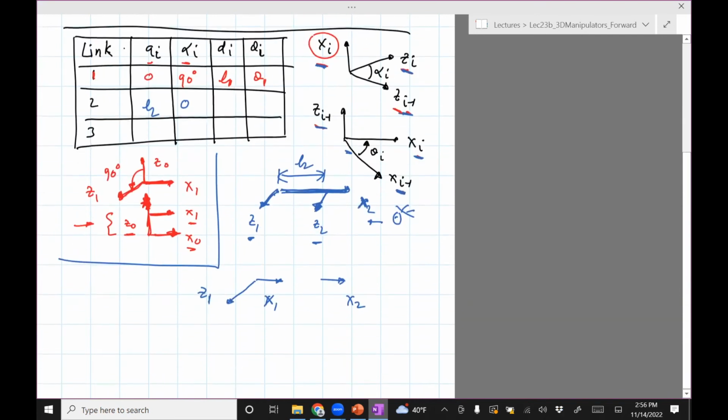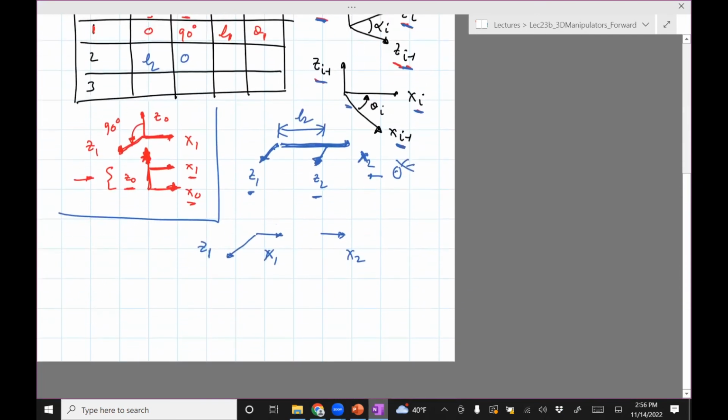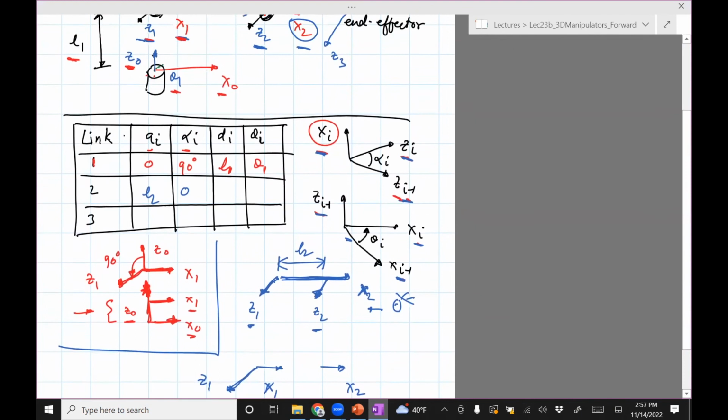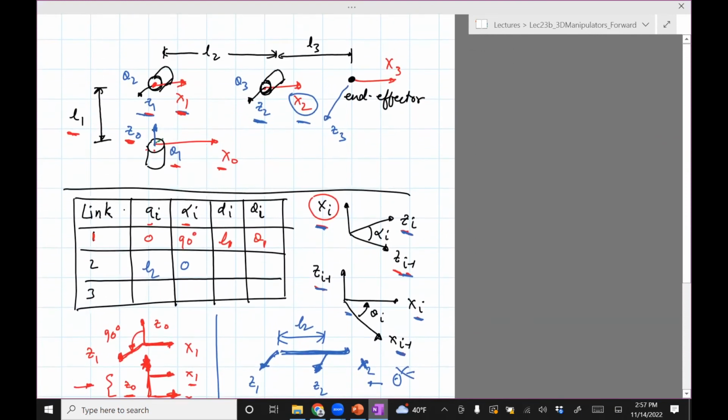Okay, so we don't really need this figure now that we have drawn this. Now it's the angle between X1, X2 about Z1. So you can see that X1, X2 line on top of each other. So the angle is 0 in this particular configuration. However, when the manipulator rotates by angle theta, this X1 will actually rotate, it will go up. So the angle will not be 0, but will be some angle theta 2. So this will be theta 2.